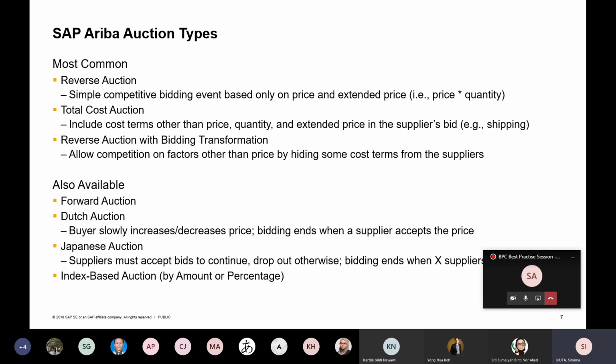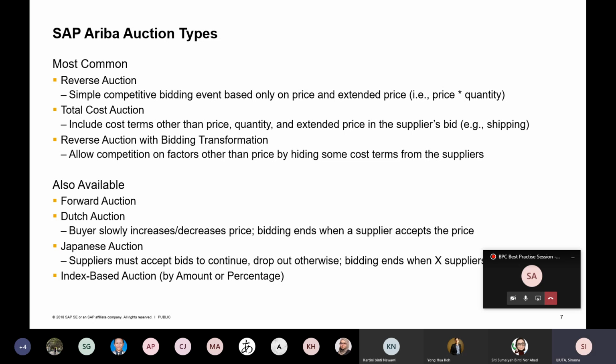The reverse auction can then be separated in templates in out-of-the-box Ariba based on the way you want to ask for price. What does this mean?